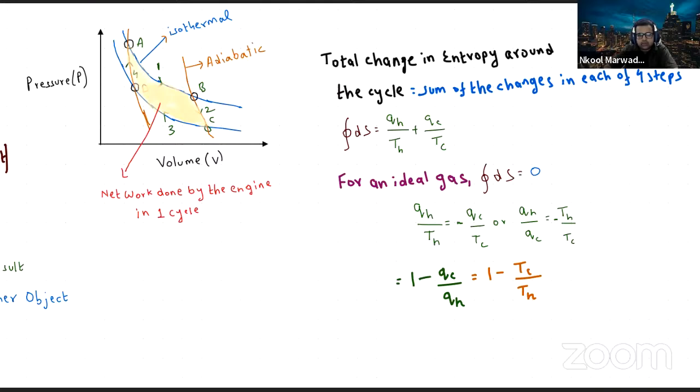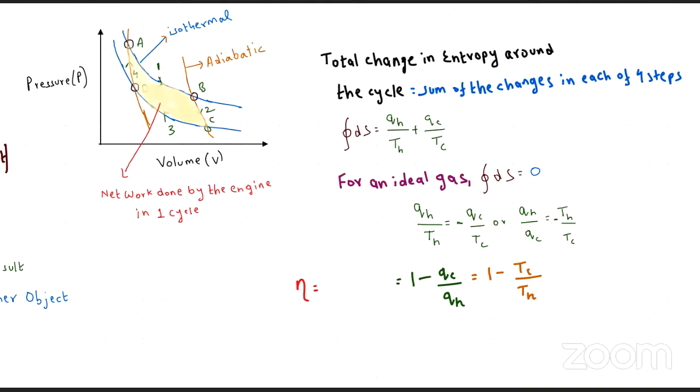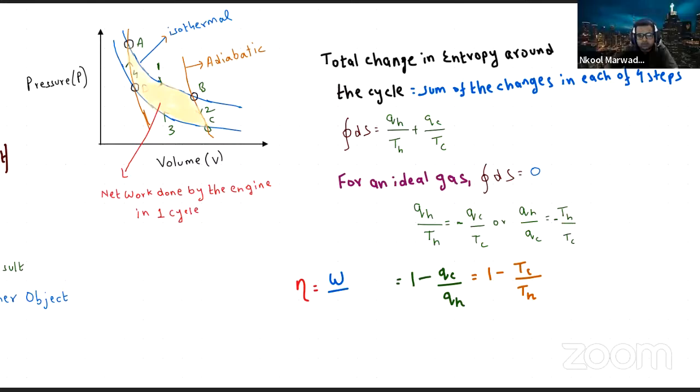What is efficiency? Output upon input. That is work done upon heat supply. And heat is supplied by the source, so QH. QH is the heat supplied by the source. QC is the amount of heat lost to the sink, or the heat sucked by the sink.